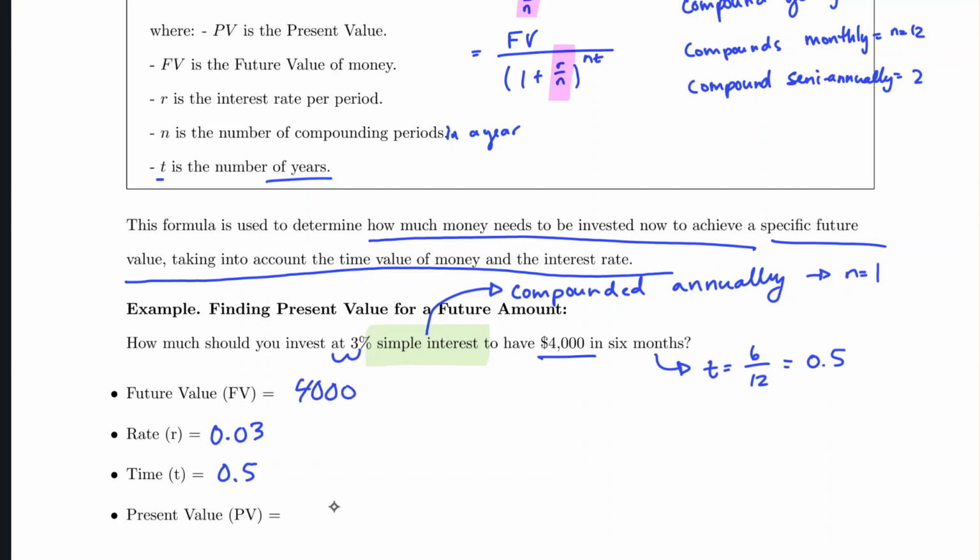So the present value will be the future value, $4,000, divided by 1 plus the rate of 0.03 divided by 1, because our n is 1, as we found here. And the exponent is 1 times 0.5.